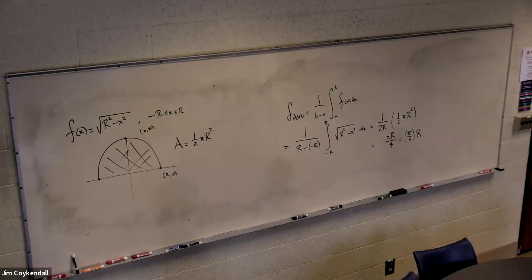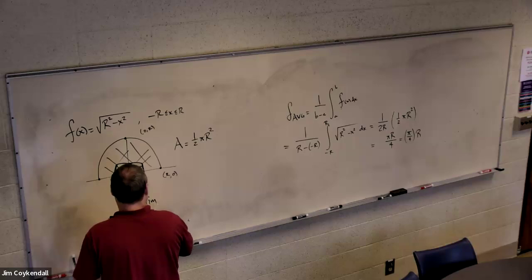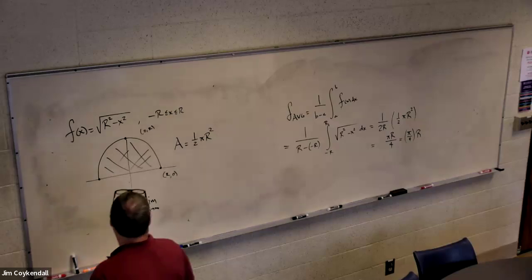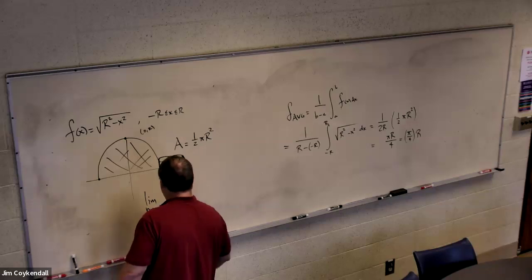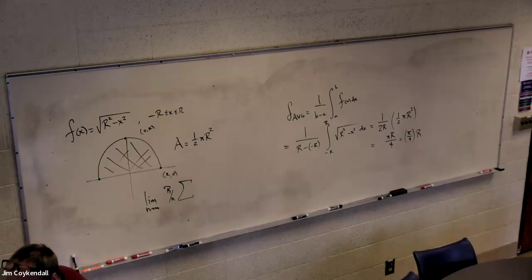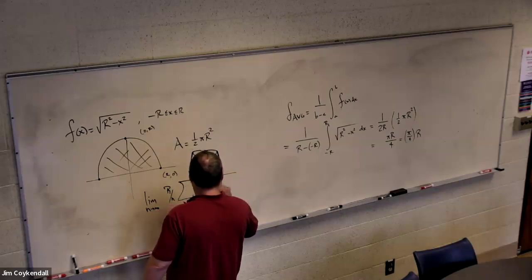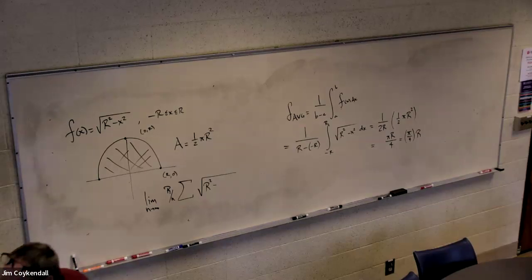Use this information to find, oh, this is similar to what I just did. Limit as n goes to infinity. See if we can make A out of this. R over n, sum, R squared.